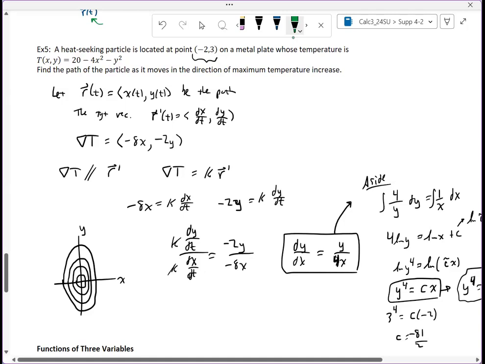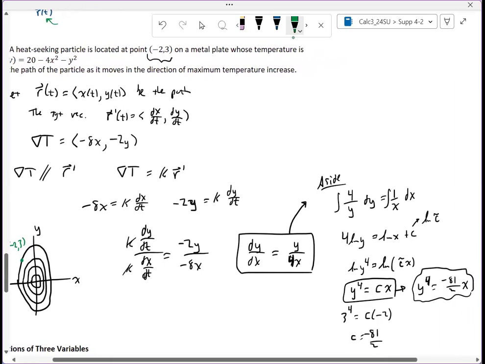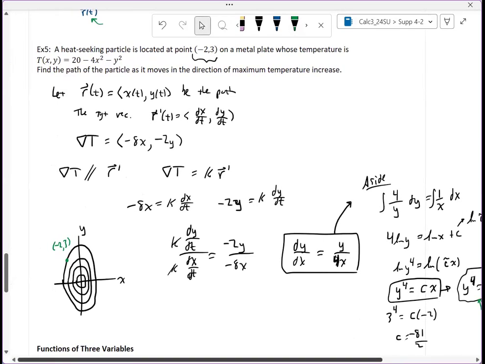So x equals -2, y equals 3, we're, say, maybe somewhere like here. And then we're following a path that looks like basically x equals -y to the fourth. So it's going to be a parabola opening to the left. We're going to be coming into the origin.